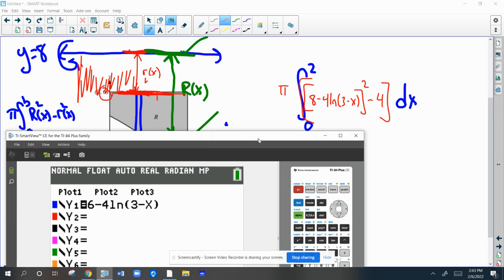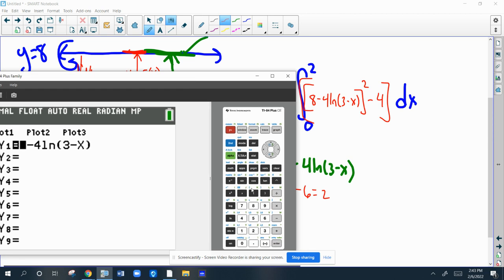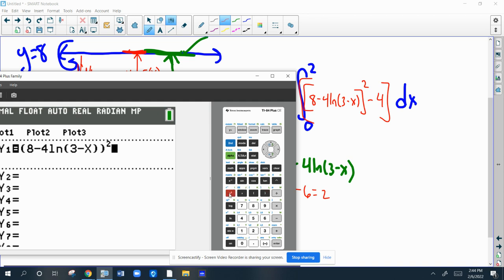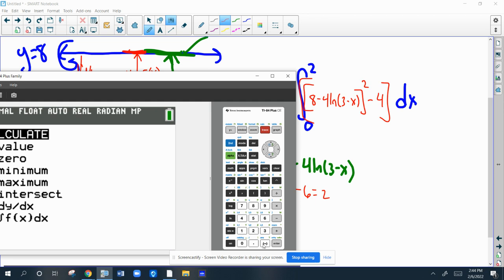I have 8 minus all of that, squared, minus 4, which was from 2 squared. Hit graph. We're going to integrate that from 0 to 2.